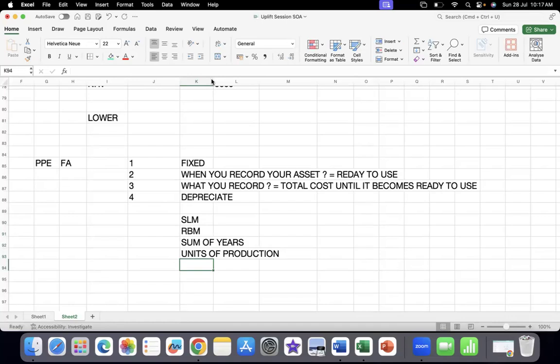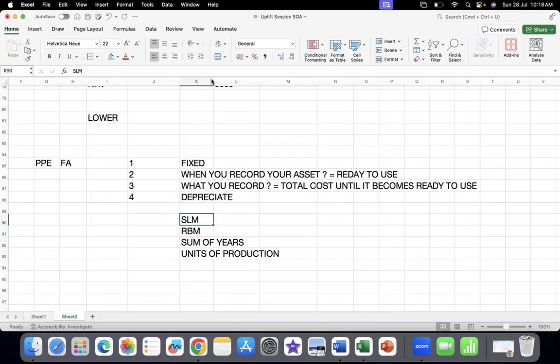Trust me, guys, I haven't seen the sum of years method or units of production method being used in my whole life, my whole experience. The method primarily used is the reducing balance method, or probably the straight line method to a certain extent. The other two are probably only theoretical. There might be a few industries using them, but I haven't come across any.